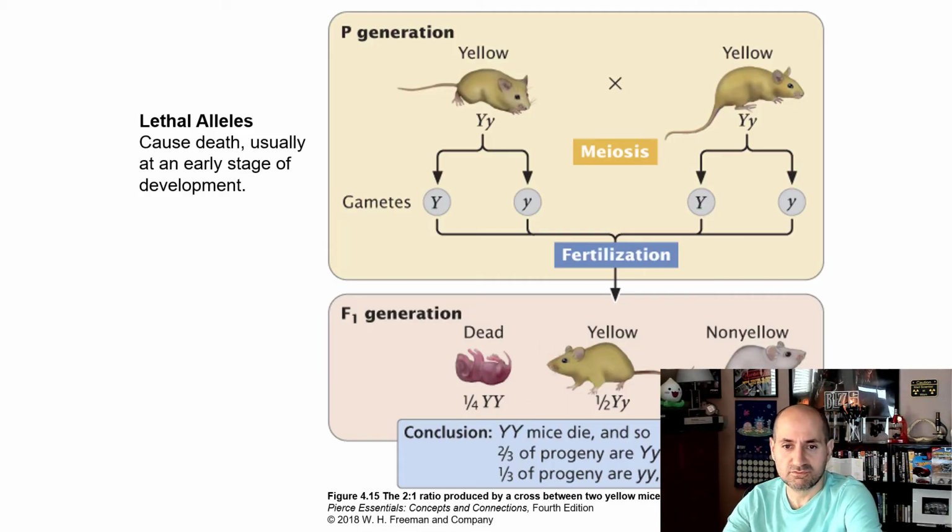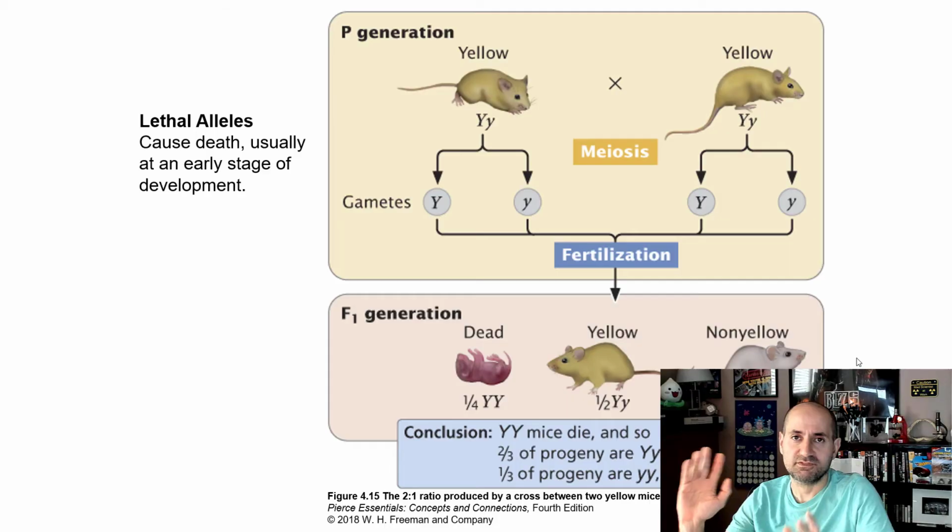But if you were just focused on the live births and you didn't know this concept of lethal alleles, what would you say the outcome is? You would look at the pups and say, well, about 2/3 are yellow and 1/3 is white, so there's a 2-to-1 ratio of yellow to white, and that does not agree with Mendel's pattern of inheritance.